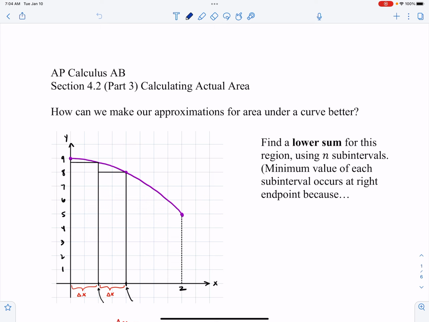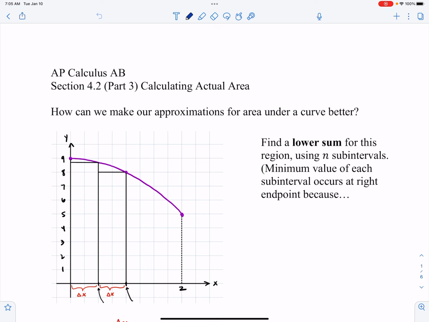And then also the upper sum, which uses the largest function value on each subinterval to calculate the height of each rectangle. So we were getting approximations, and we talked about whether we had over approximations or under approximations for each of those estimates of the area under the curve.